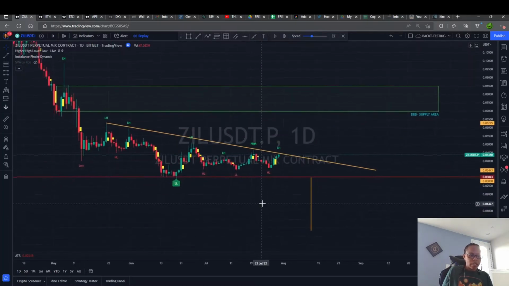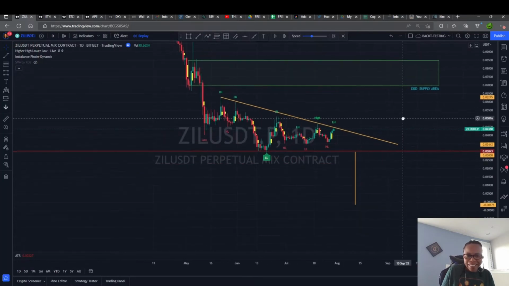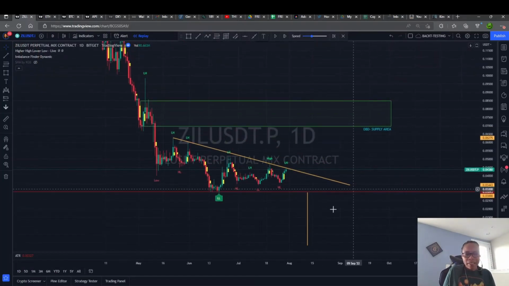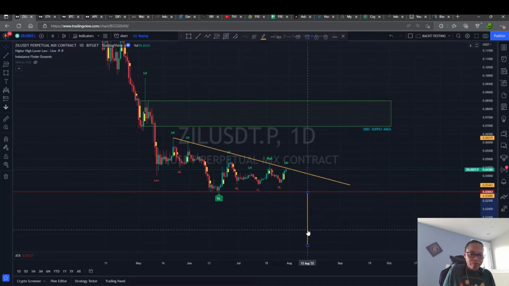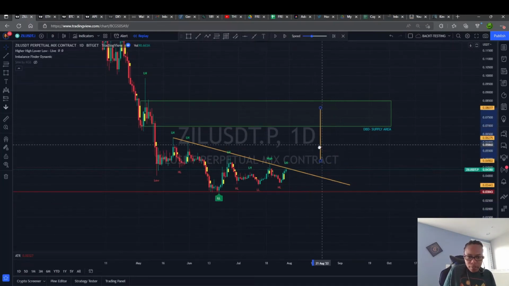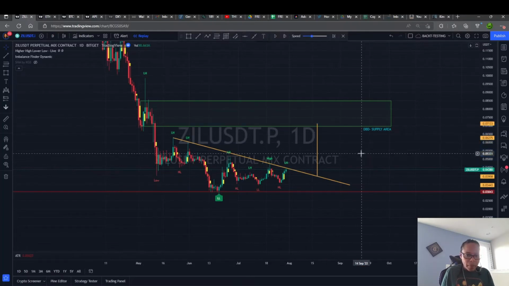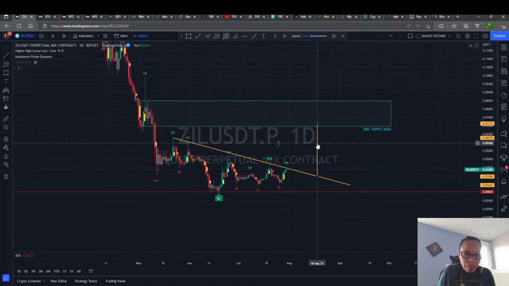So let's assume that's not going to happen. Maybe it'll pop back up, because that's one scenario. The other one would be up here. But if it's coiling up, breaks up, and we get confirmation or a retracement back to it, then you can enter and head right back up to the supply area. Anyway, that's a potential.